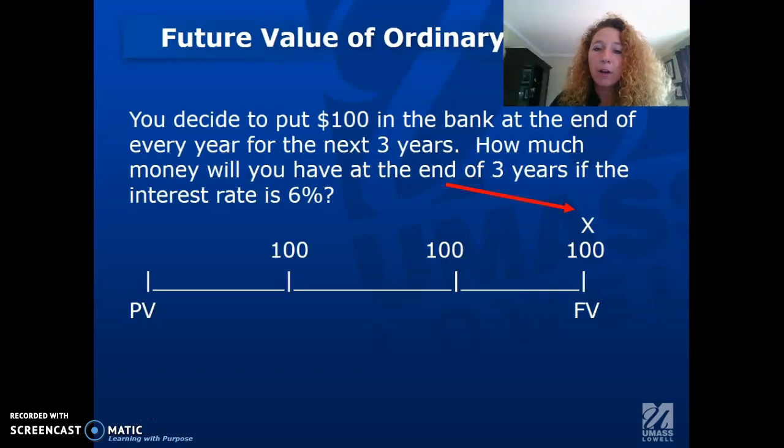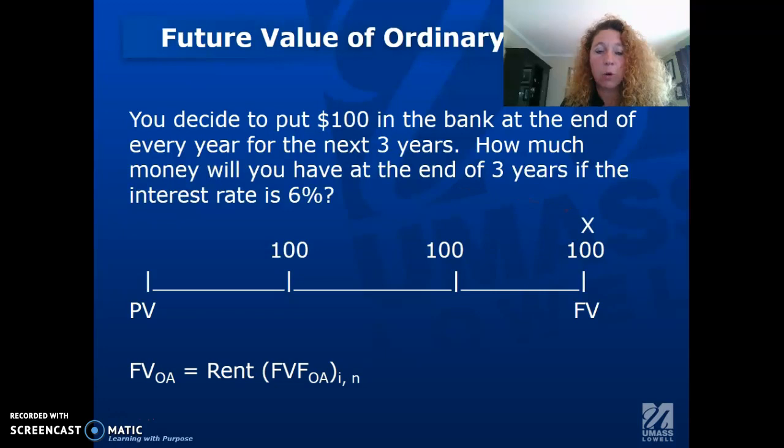So now once we have our timeline, we can put together our formula. And now these formulas are different, but they're very similar to the ones that we learned in our first video. And so again, what's on the left-hand side is what we're looking for, and the right-hand side will be our formula. So over there on the left-hand side, we have the future value. That's what we're looking for. Now, I've subscripted this OA for ordinary annuity.